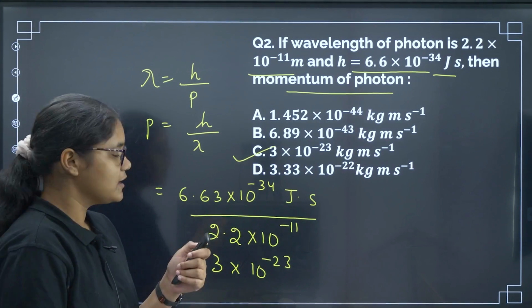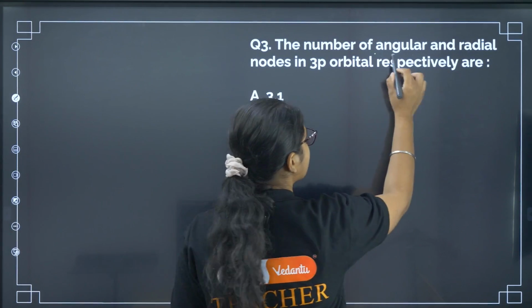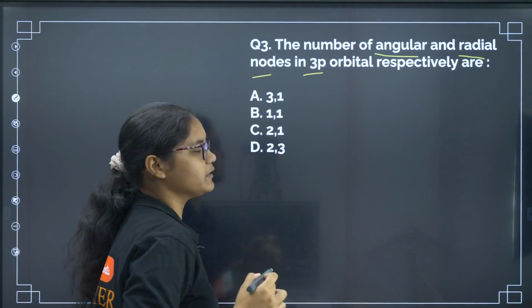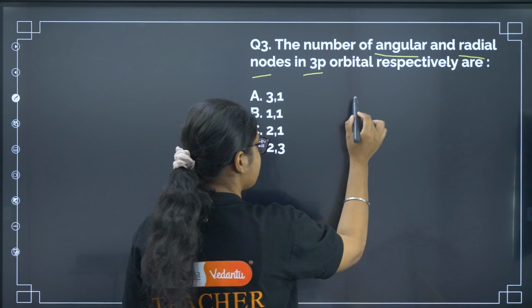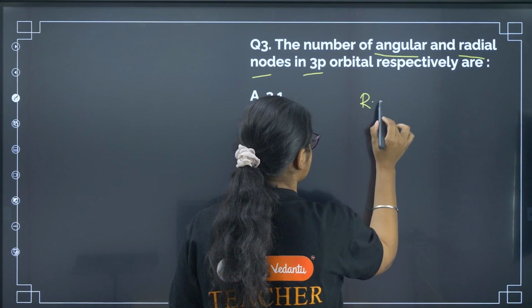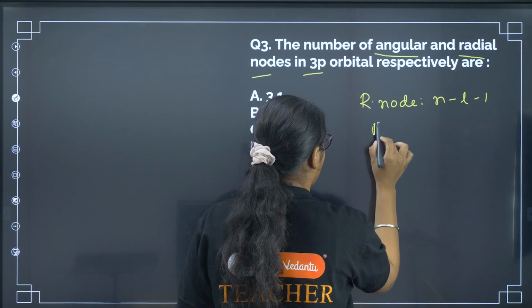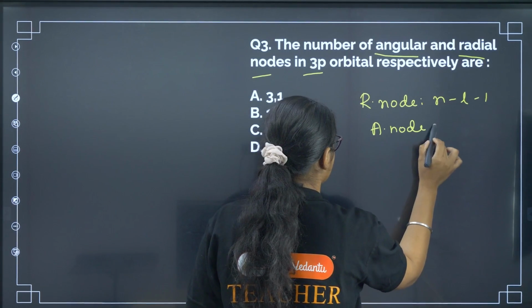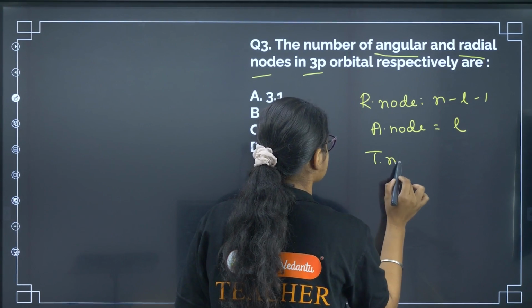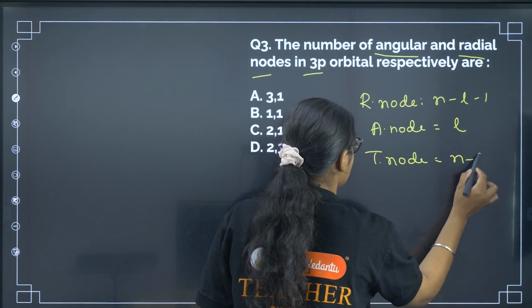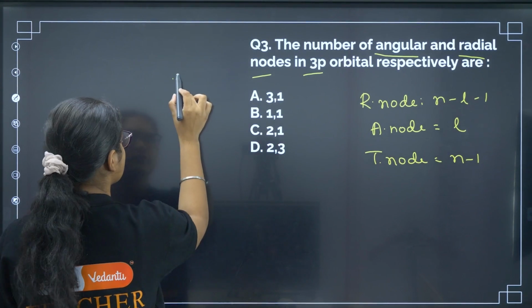Simple calculation. Next question. The number of angular and radial nodes in 3p orbital respectively are. The radial node formula is n minus l minus 1, the angular node formula is l, and the total number of nodes formula is n minus 1. Now the orbital given is 3p.